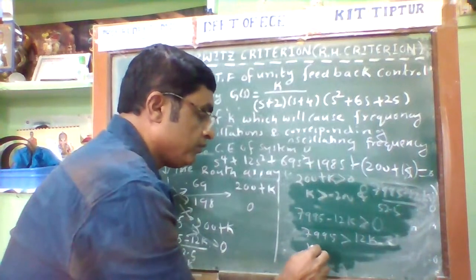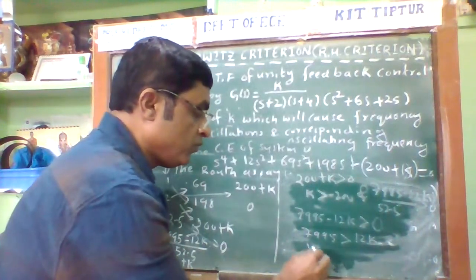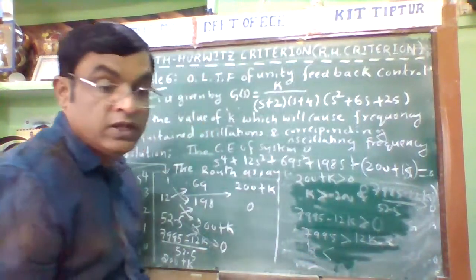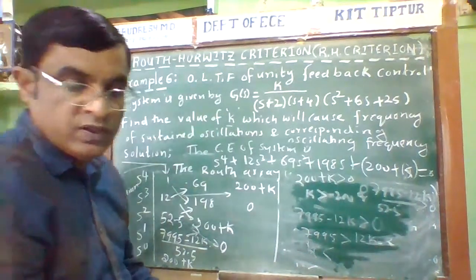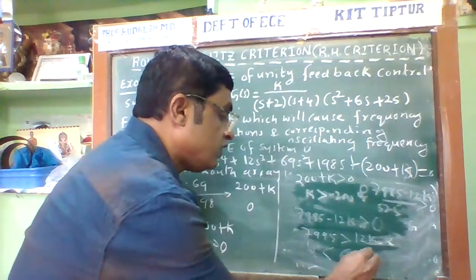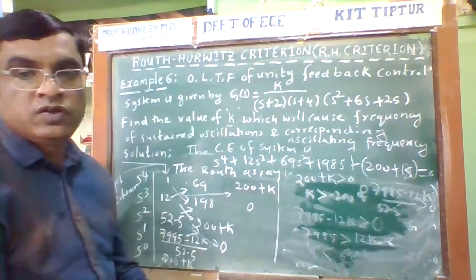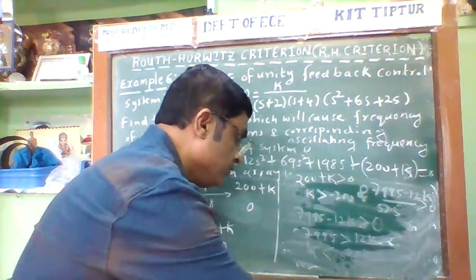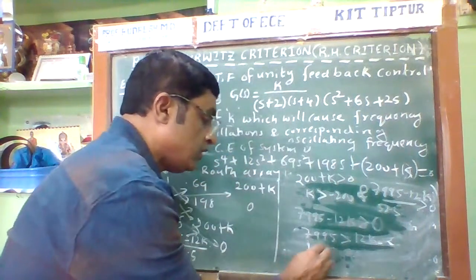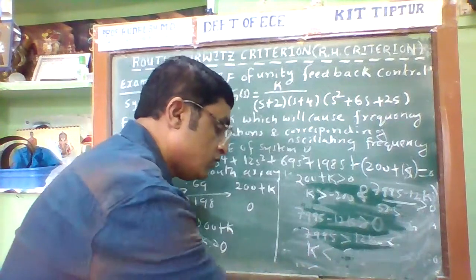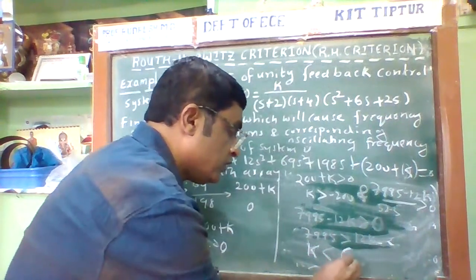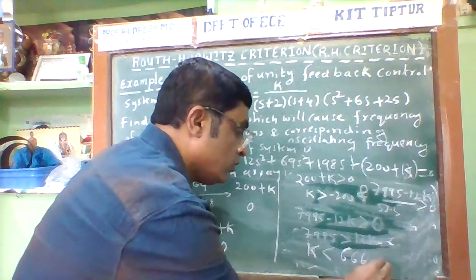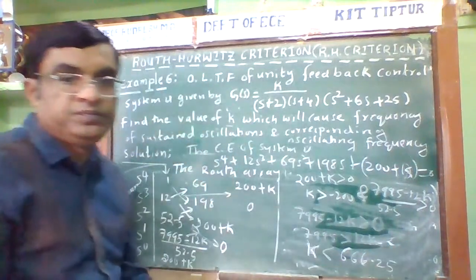Therefore, the k value must be less than 666.25.